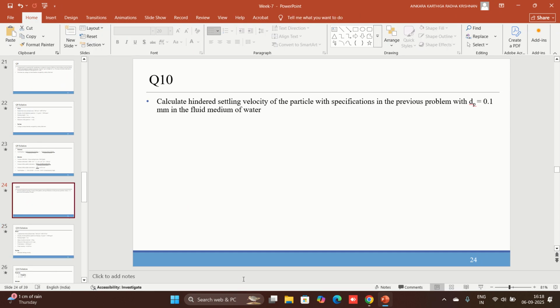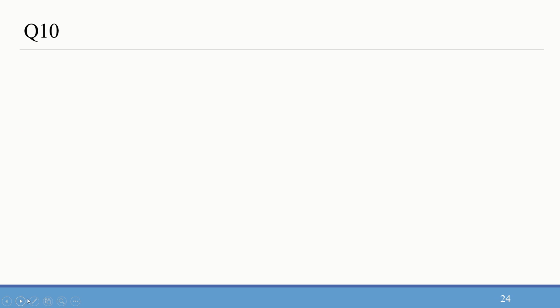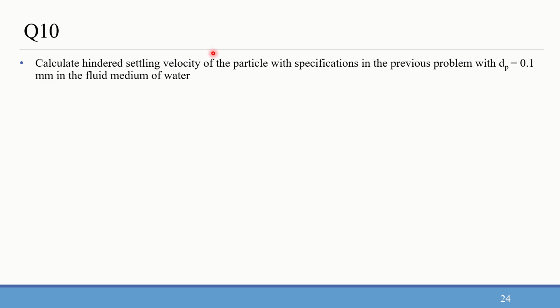So now we'll go to question 10. Calculate the hindered settling velocity of the particle with specifications in the previous problem, but with diameter of the particle dp equal to 0.1 mm in the fluid medium of water.